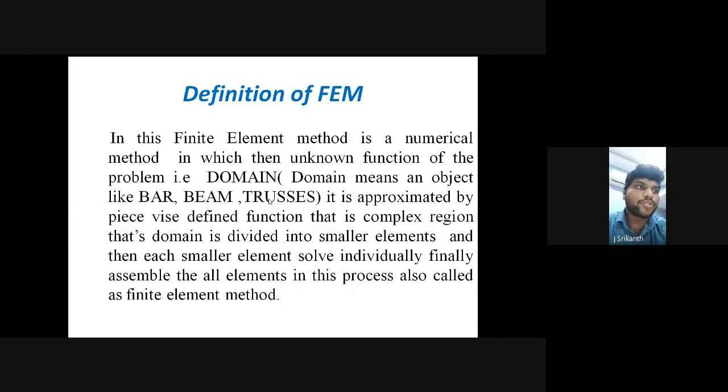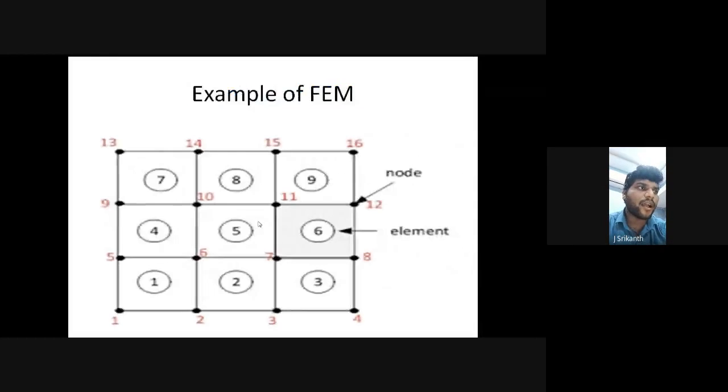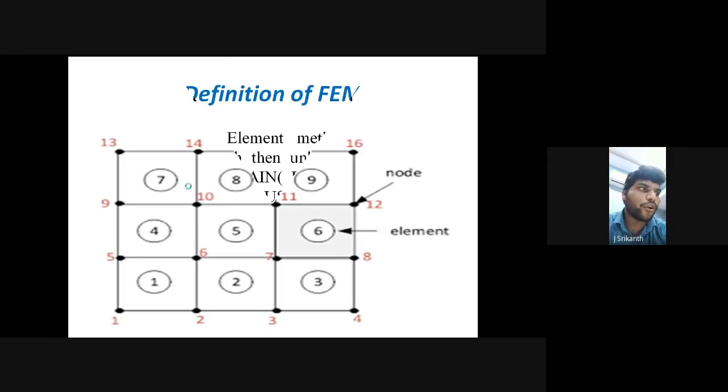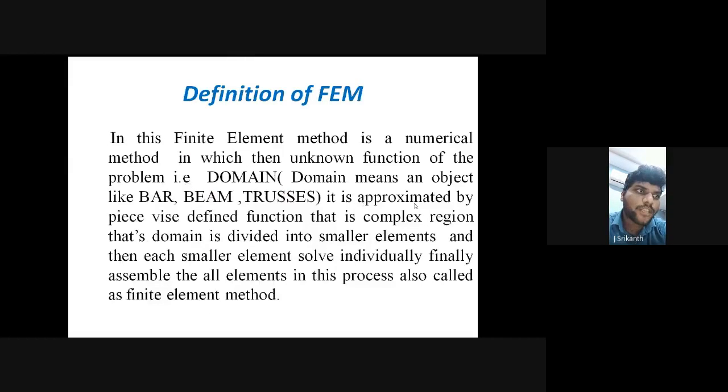So it is approximated by piecewise defined function. What is the meaning of piecewise? Once again, I am taking one example. This is the brick. Listen carefully. It is approximated by piecewise. What does piecewise mean?